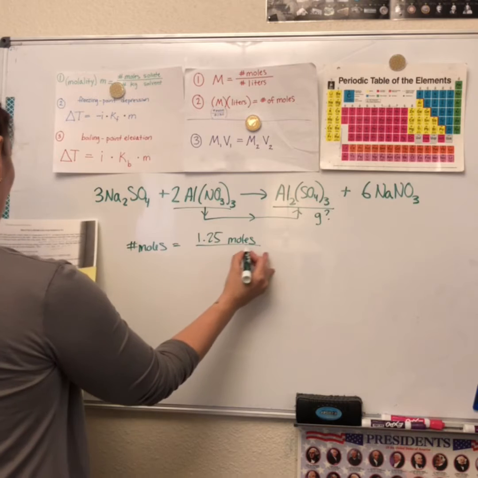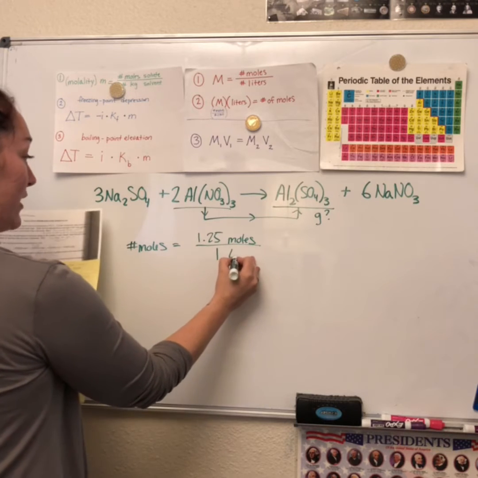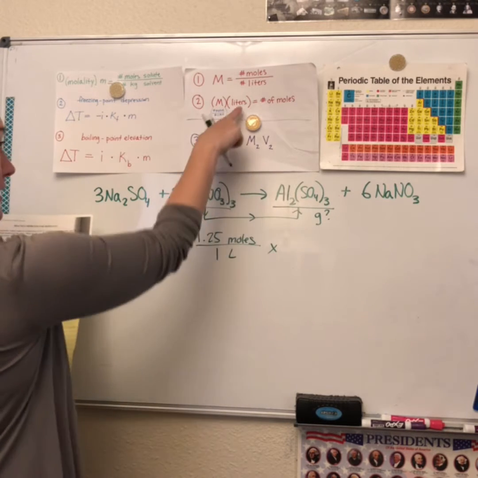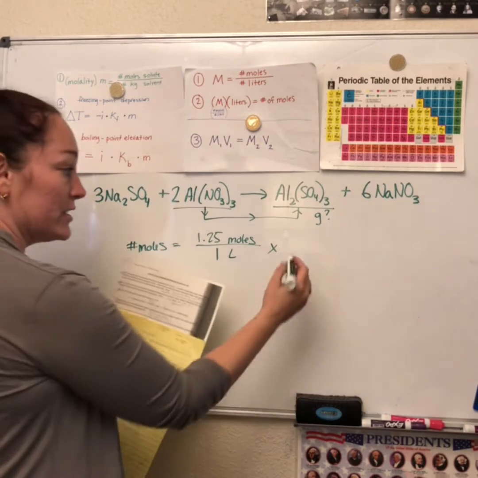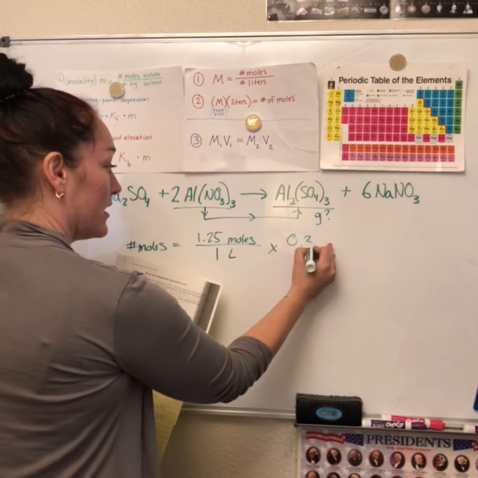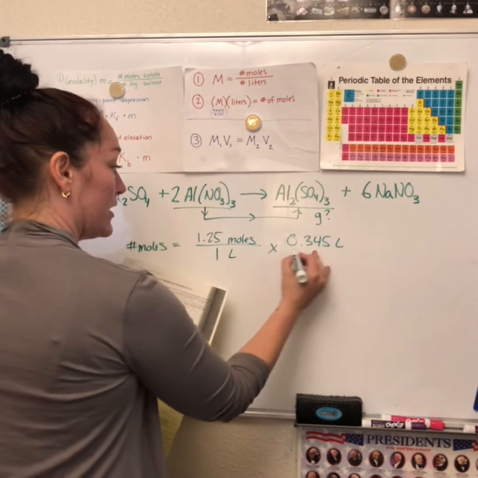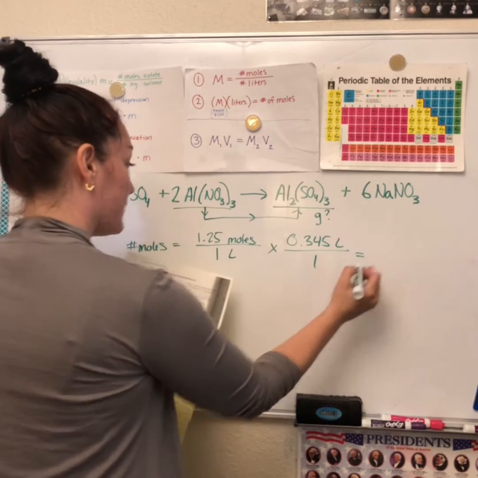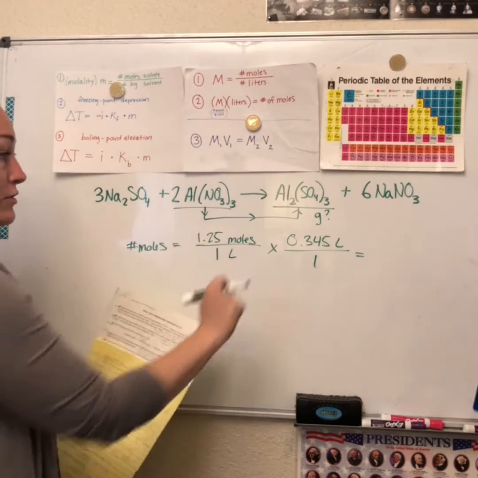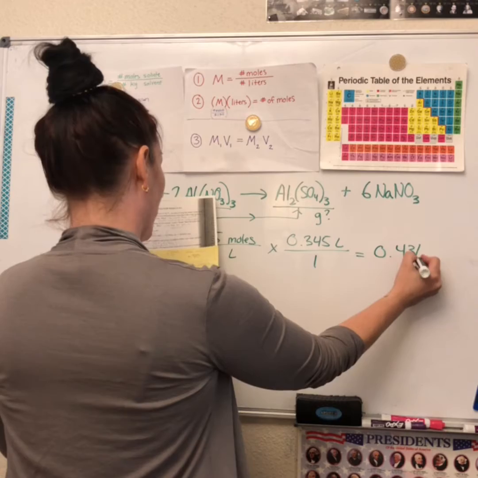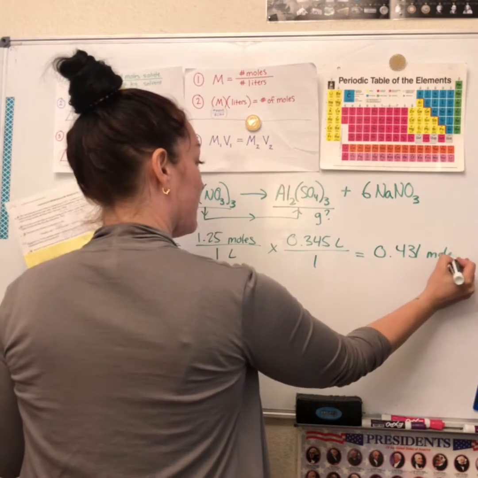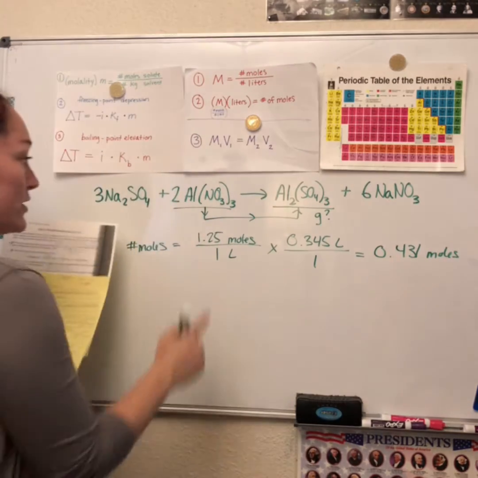So it's really just moles over 1 liter, okay? Now I'm going to be multiplying that by the number of liters. They gave me 345. I'm going to change it into liters. We don't want milliliters, okay? So that's what it would be in liters over 1, okay? So I'm going to go ahead and crunch this through my calculator, and I end up with 0.431 moles, okay? So that's moles of this.